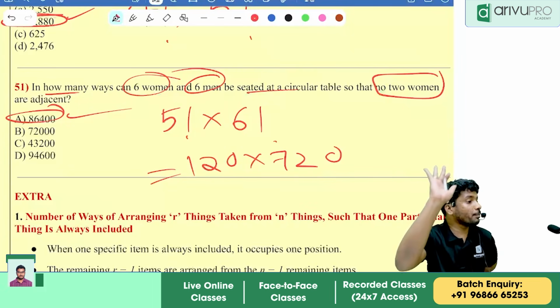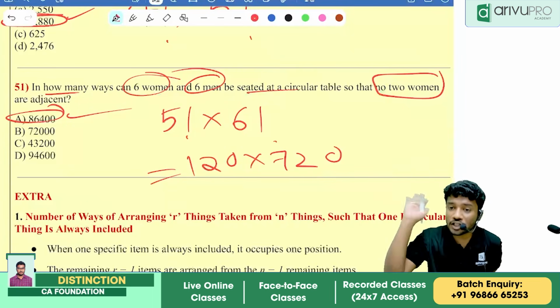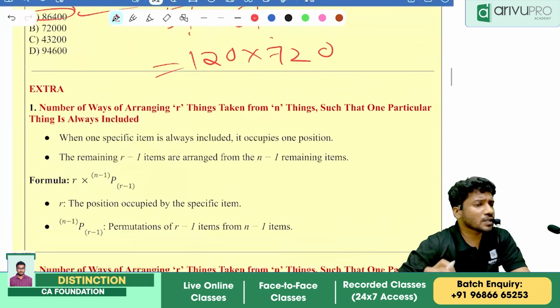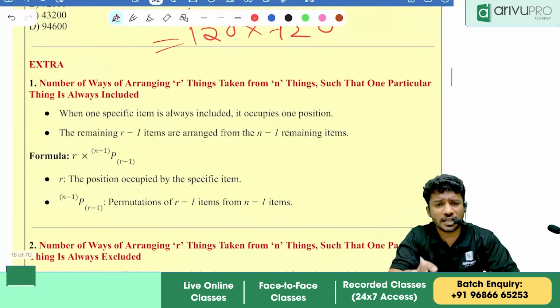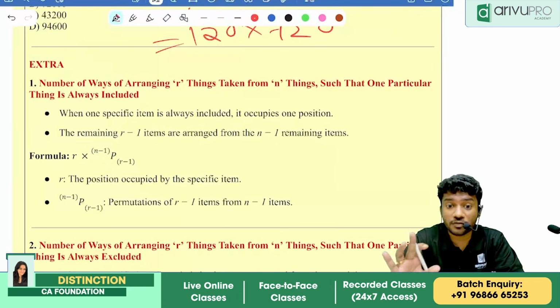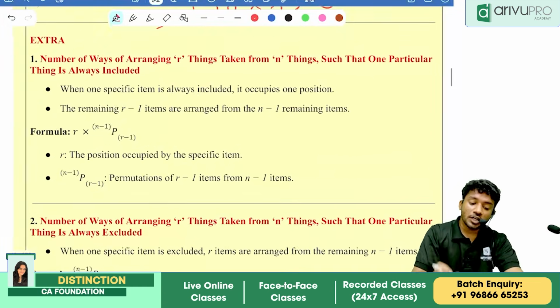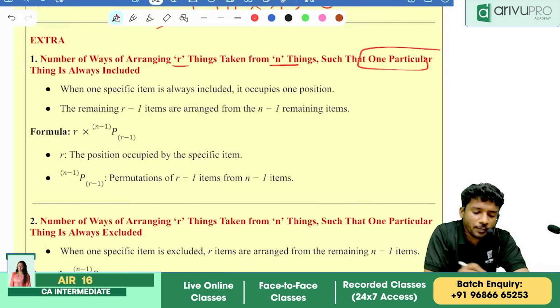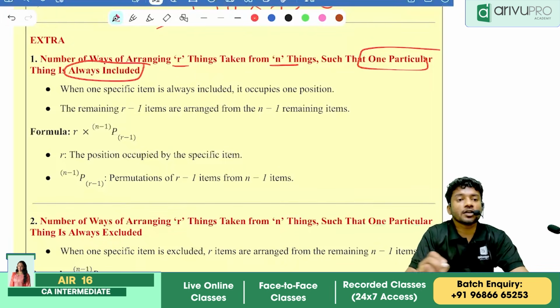Okay. This is the basic type of question which usually comes for examination. Now we are going to go for something which is very rarely coming for examination, but it was there. Number of ways of arranging r things taken from n things such that one particular thing is always included.